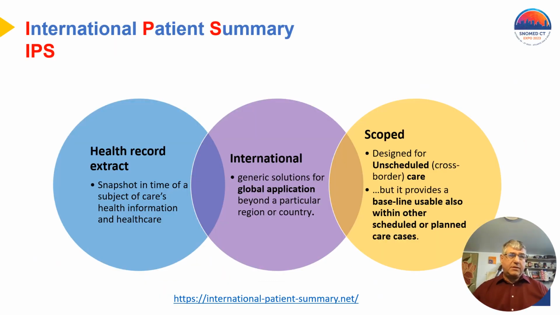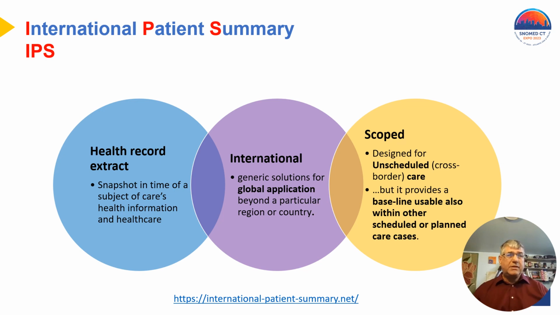The IPS is a health record extract, a snapshot in time of a subject of care's health information and current health care. It is international in scope, so a generic specification, with regional or country specializations expected.